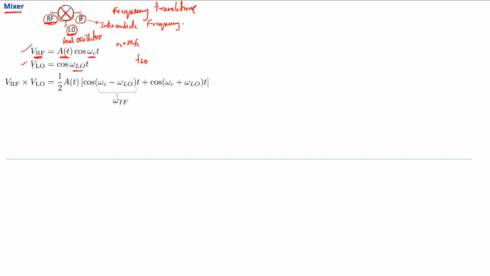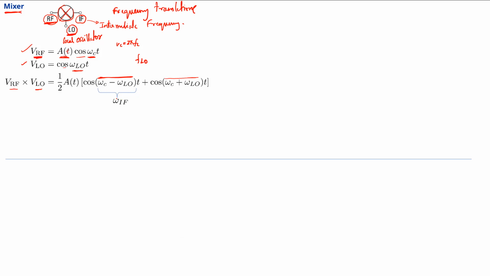If we multiply these two signals, RF and the local oscillator, the cosine signals, and do the trigonometric sum and difference formulas, we end up getting two frequency components: one is omega c minus omega LO, and the other is omega c plus omega LO.